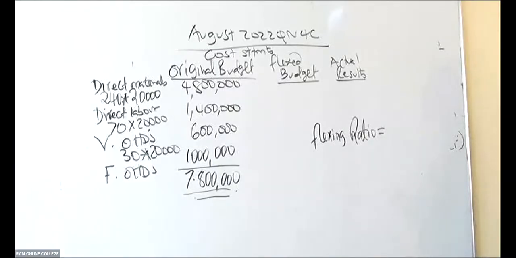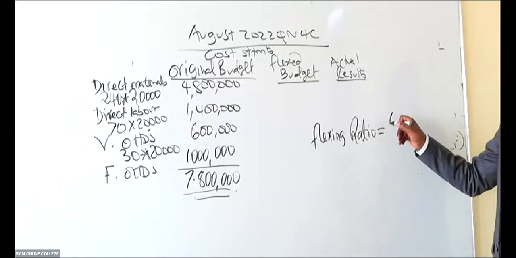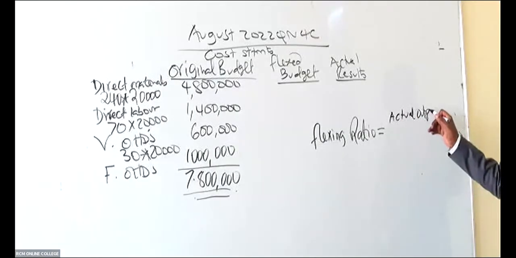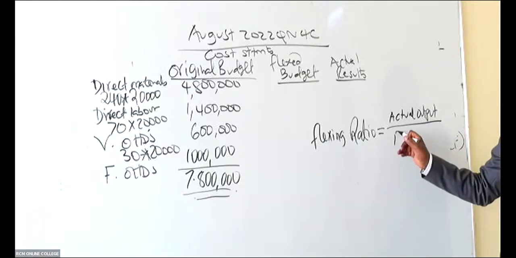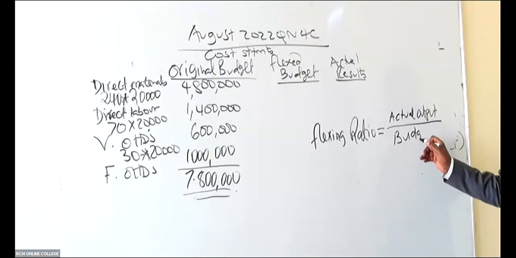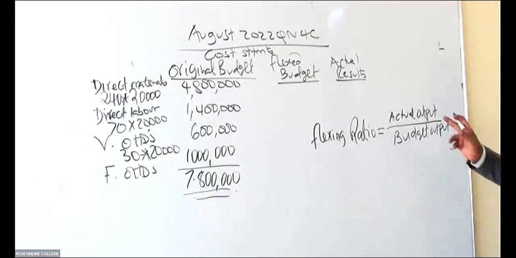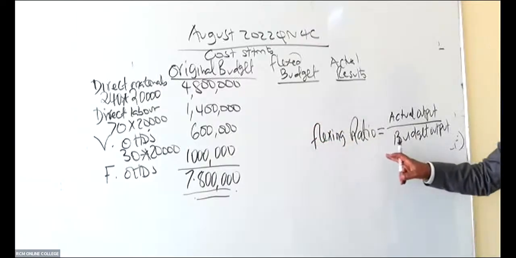So this flexing ratio is very easy to get. You normally take the actual output divided by what here, somebody? Budgeted output, yes. Divided by budgeted output. Don't write inside here. You know me, I'll rub this.